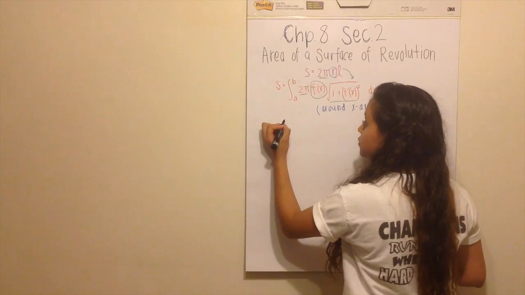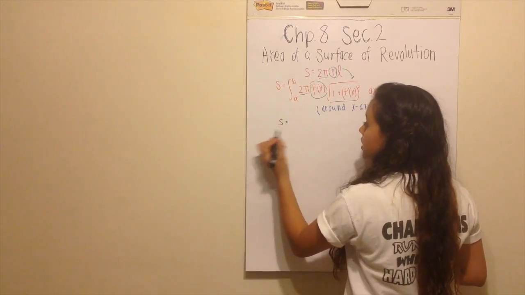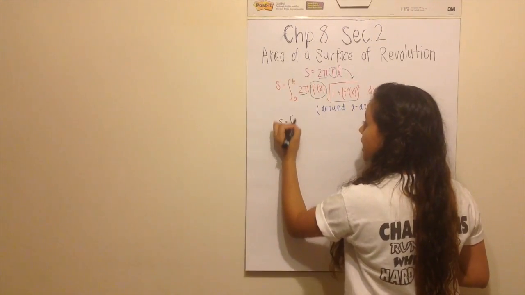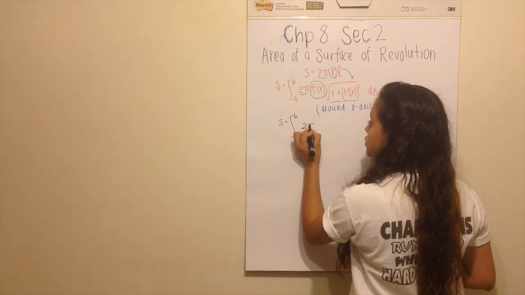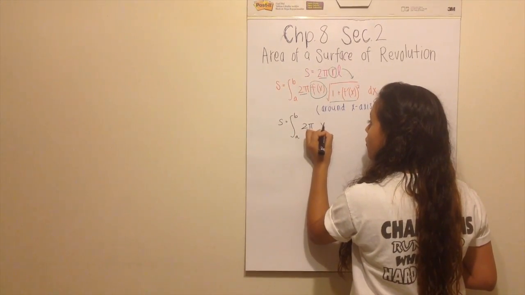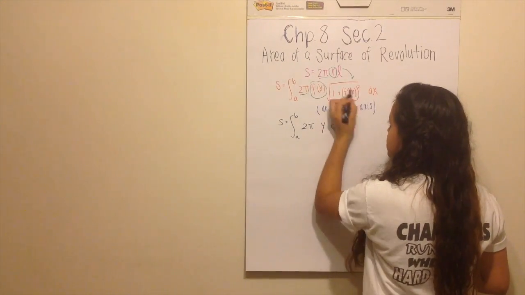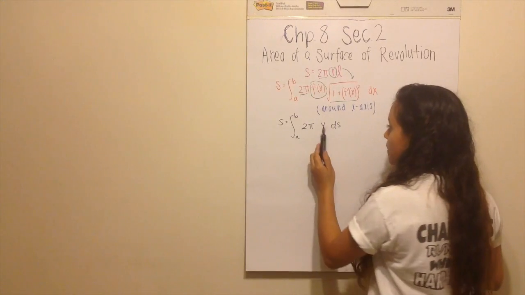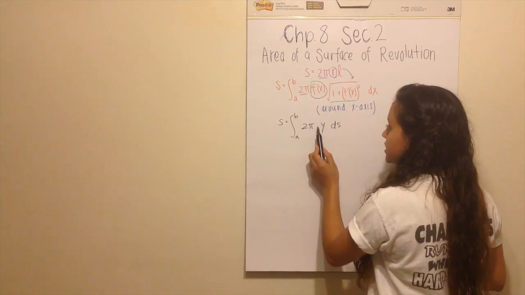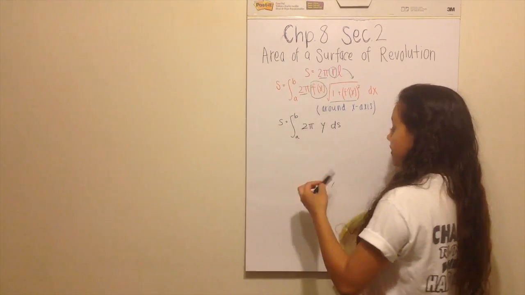So the alternate formula is surface area equals the integral from a to b 2 pi y ds, which your ds is basically your arc length. But look at this, it's times y, not f of x.